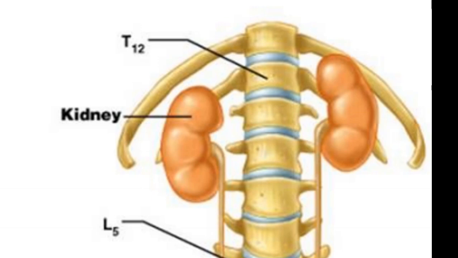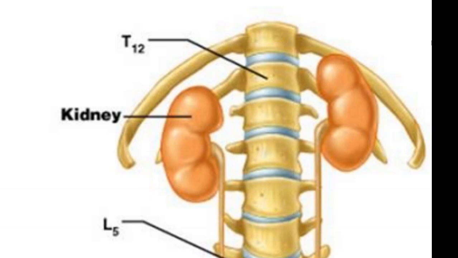So the kidneys are retroperitoneal organs, posteriorly attached to the superior lumbar region or posterior abdominal wall. The lateral surface of the kidney is convex. The medial surface is concave.